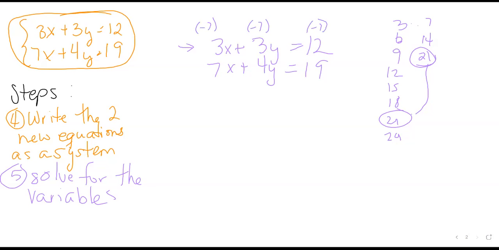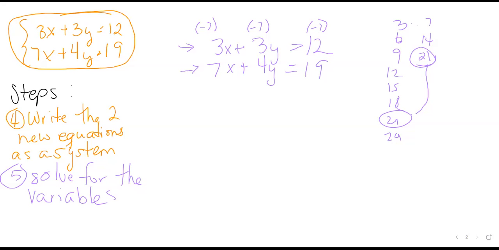So now my bottom equation, everything gets multiplied by what number? Exactly. So 7 needs to become 21.